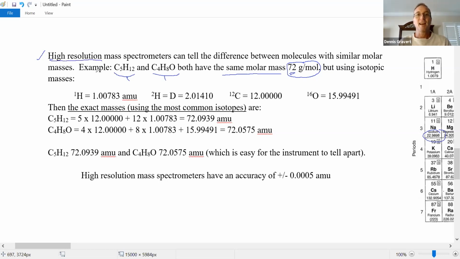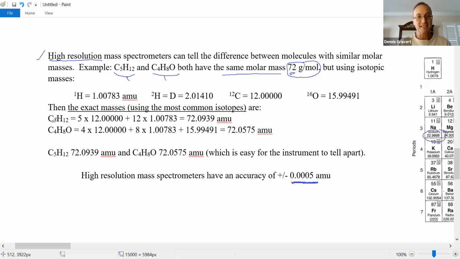Okay. And then what we see is, hey, a mass spectrometer can measure down to 0.0005 AMU, and this information may be outdated. Maybe there's better spectrometers and can get even more significant figures, more precision. But even with this precision, this is awesome.